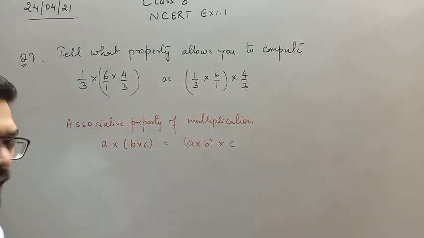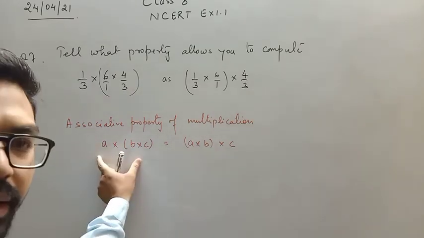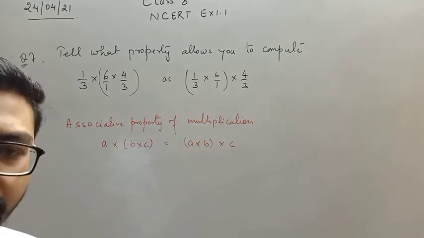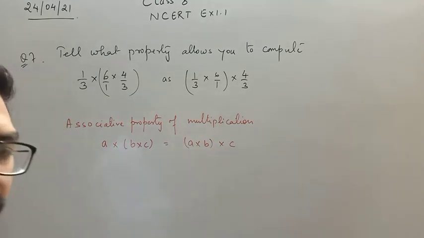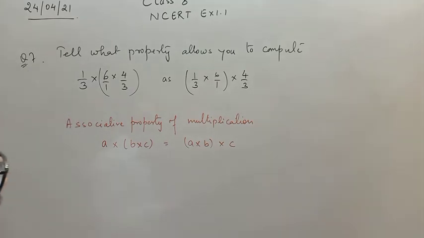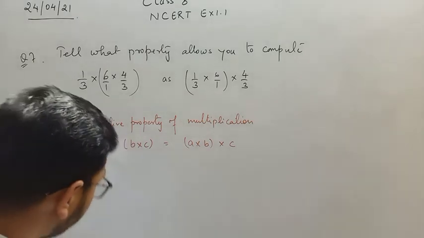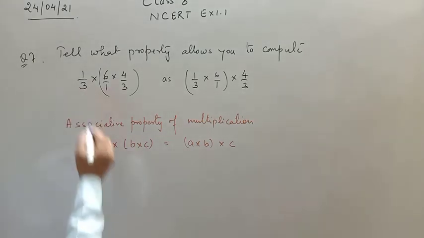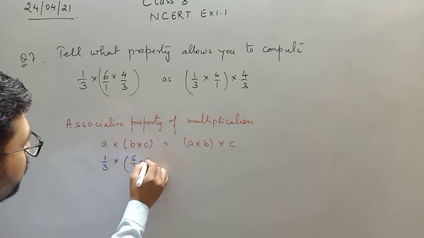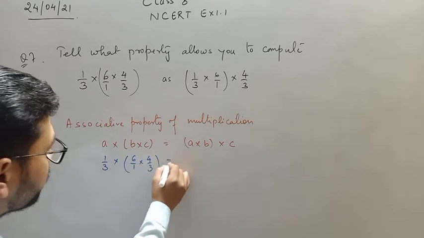जो बेटा result आएगा आपका इन तीनों को multiply करके in LHS, वही result आपको इन तीनों को multiply करके RHS में मिलेगा. That means आप bracket के अंदर किन्हीं भी दो values को रखो बेटा multiplication में, result will remain same. ये कौन बताता है आपको? Associative property. Let's say in place of A what you have 1/3, in place of B 6/1, in place of C 4/3.